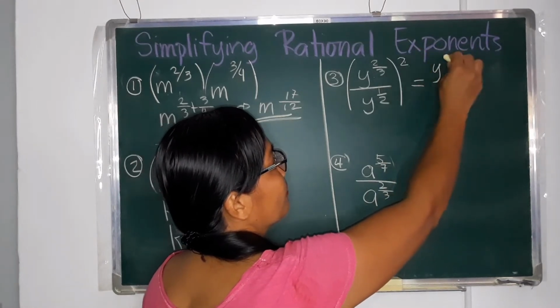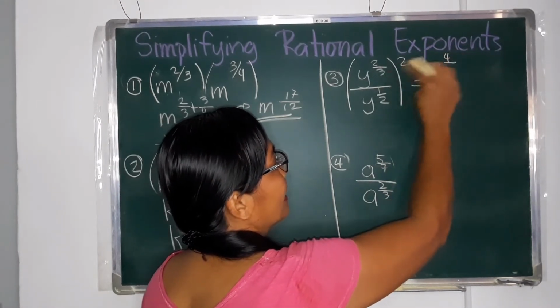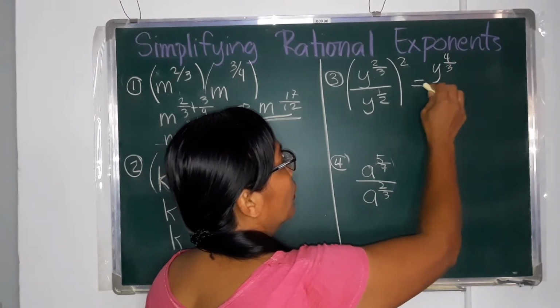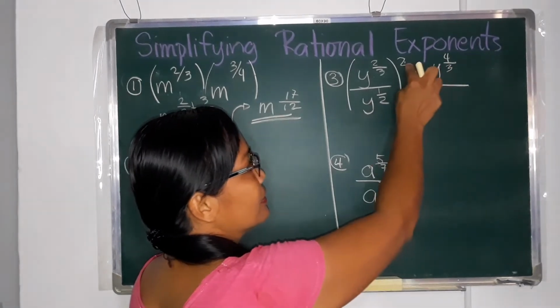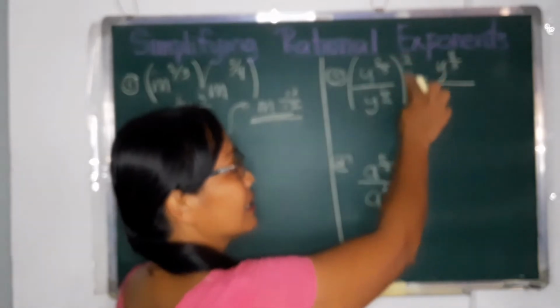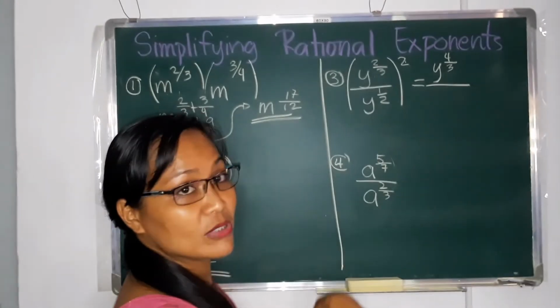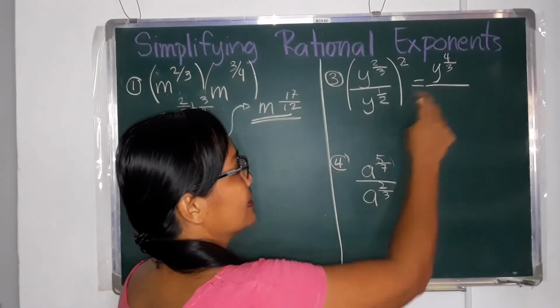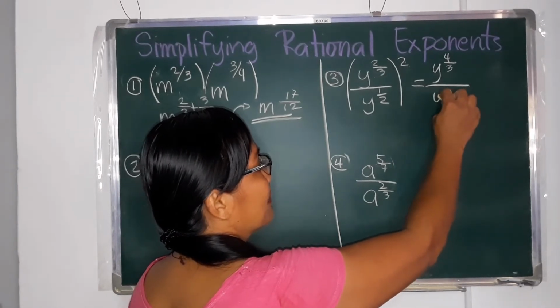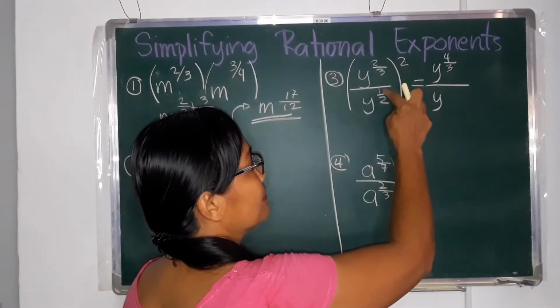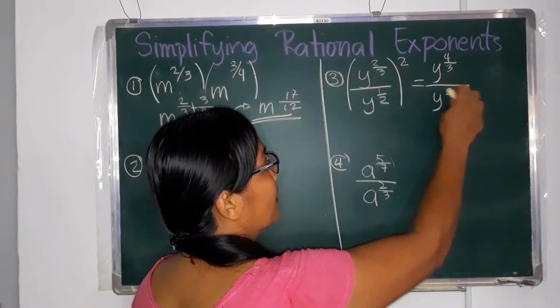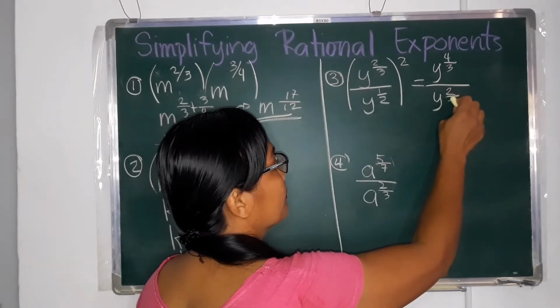So 2 times 2, we have 4. Then copy the denominator 3 all over. This one is included in this exponent because it is enclosed with the parentheses. So still stay below. Copy the base. Then 2 times 1 is 2. And then copy the denominator 2.